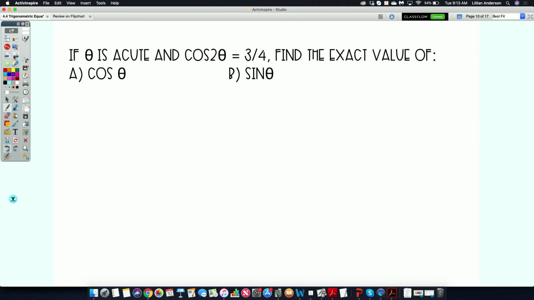So the first one I heard was the last one, so let's use that one, which was 2 cosine squared theta minus 1. I'm going to use that to replace my double angle identity. And from there, it becomes algebra to solve for cosine theta. How do I start? What's 3/4 plus 1?